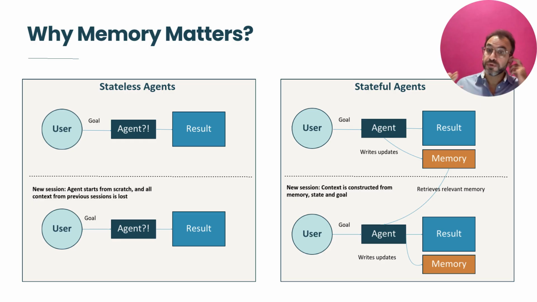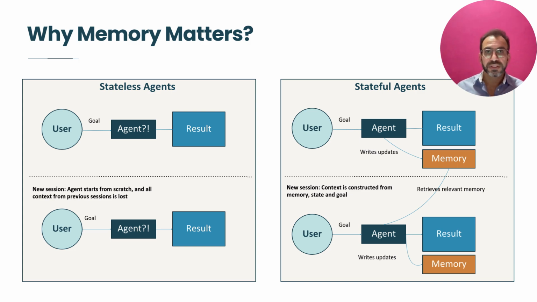And it reproduces another result, which might be not related to the first one or probably the same one, without learning from that experience. And here, we have added the question mark and exclamation mark in the agent box because I'm not sure that we can call it an agent, because it doesn't have agency as it doesn't have memory here. And that's a crucial distinction here.